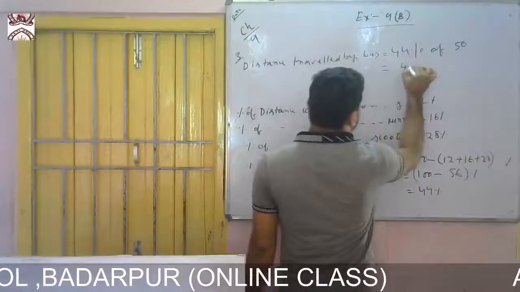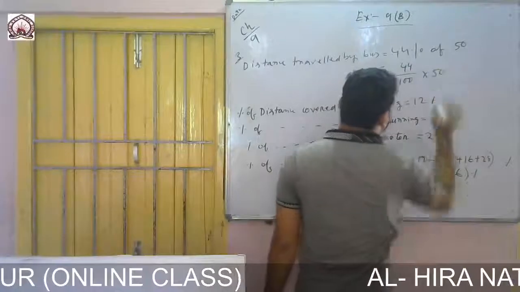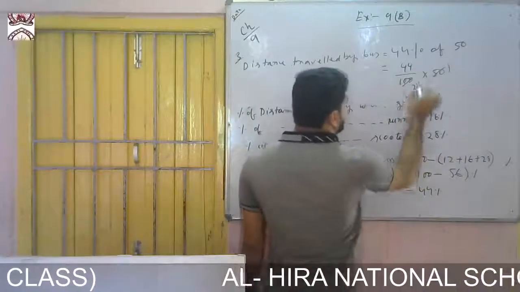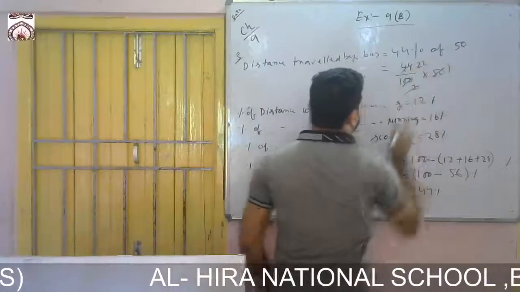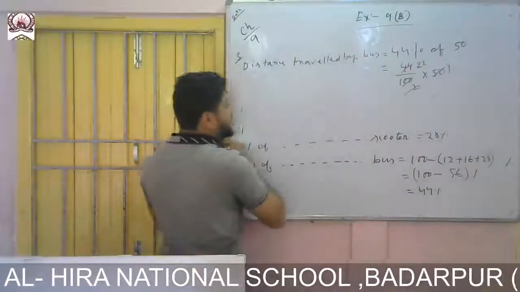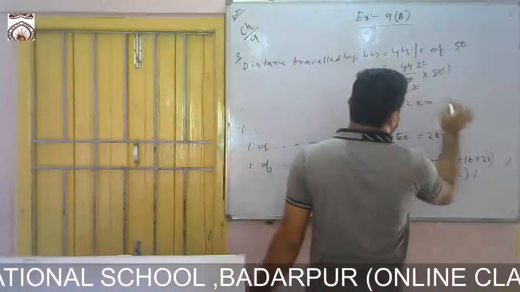It will be 44 by 100 into 50. So 51 are 50, 52 are 100, 2 1s are 2, 222 are 44. That is 22 kilometers. It is the answer.